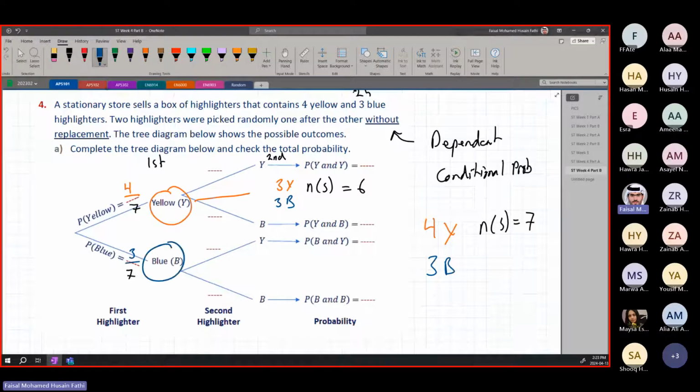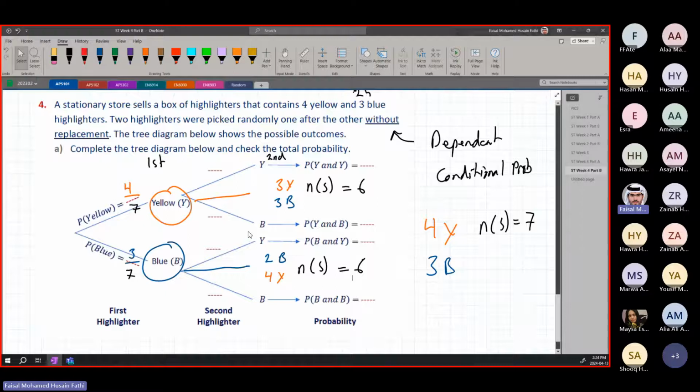If we choose a blue one, we will be left with 2 blue and 4 yellow, because we already only chose blue, so the yellow is still in the box. So n of s is also equal to 6. The sample size will be the same, but here we have less yellow, here we have less blue.